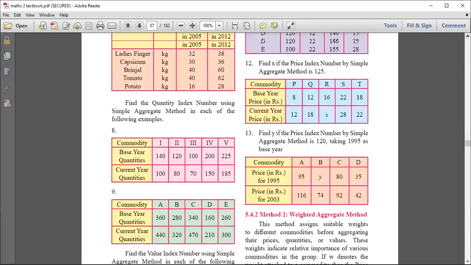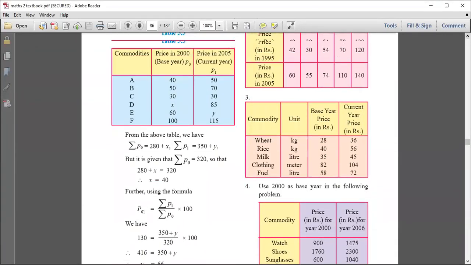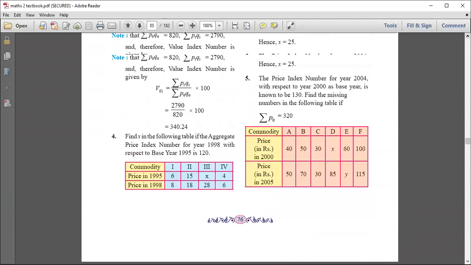So I repeat it again: V01 is equal to summation P1 Q1 upon summation P0 Q0 into 100. This is the formula for today's session.